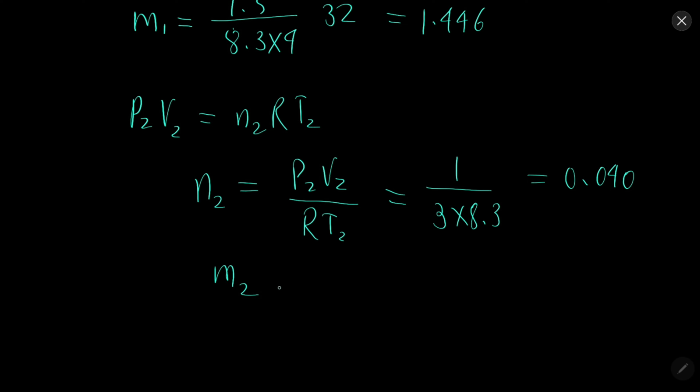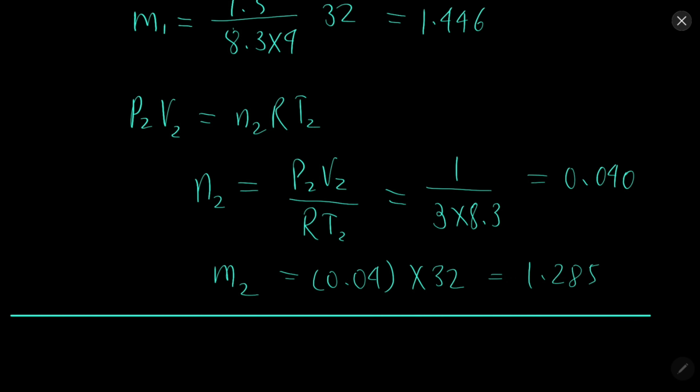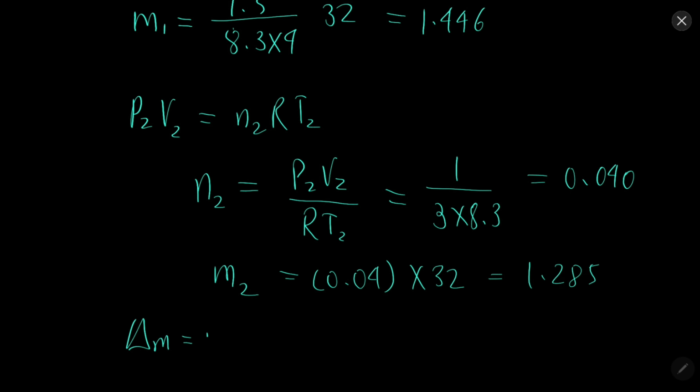So M2 will be 0.04 into 32, 1.285. So the difference is 0.1608 gram.